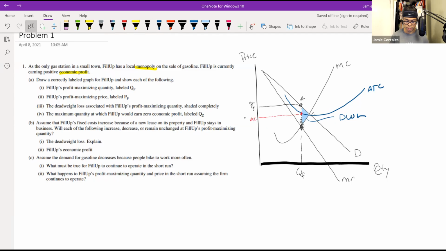But I don't think it's really asking you to do that. It's asking you for deadweight loss and the maximum quantity at which Philip would earn zero economic profit. So I kind of misread the question there.